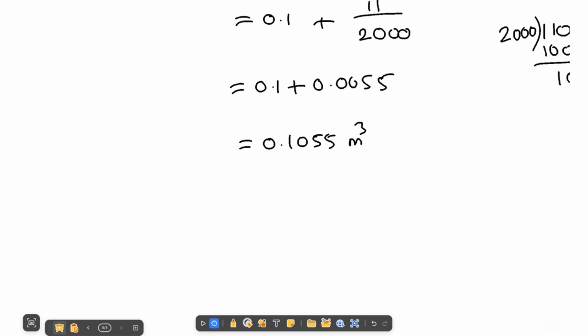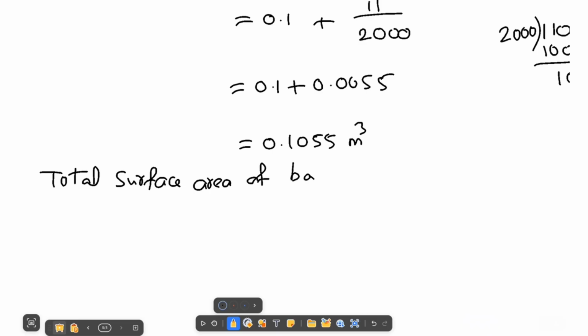Next we have to find the total surface area of the bat. So total surface area of bat will be equal to total surface area of cuboid, plus curved surface area of the cylindrical part. Total surface area of cuboid is 2 of LB plus BH plus HL.